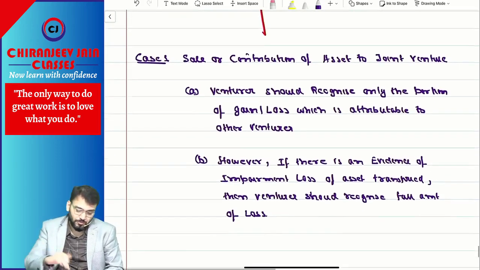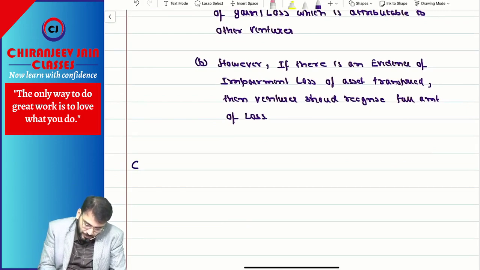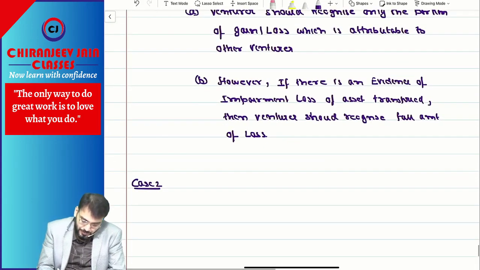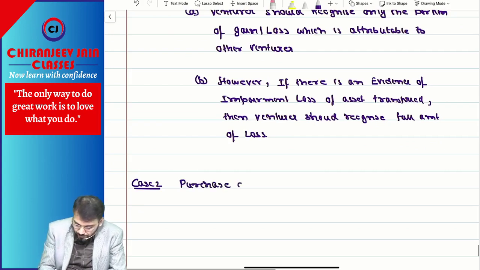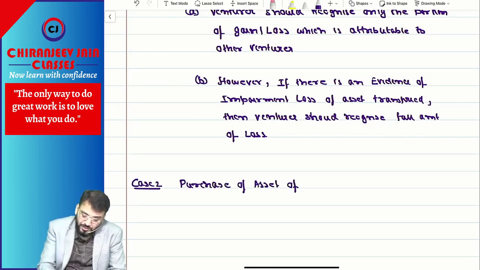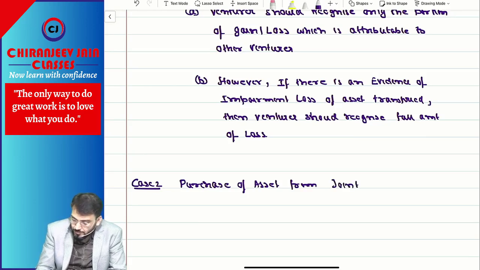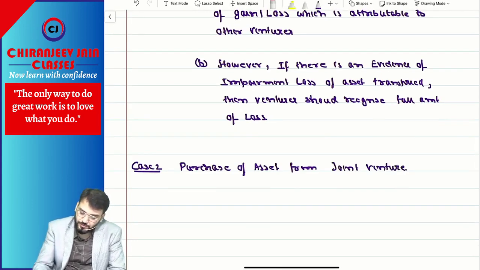Understood? Now, the second case. So case number 2 is what? Purchase. Now there will be purchase of asset from whom? From joint venture. I'll give you an example, try to give the answer.